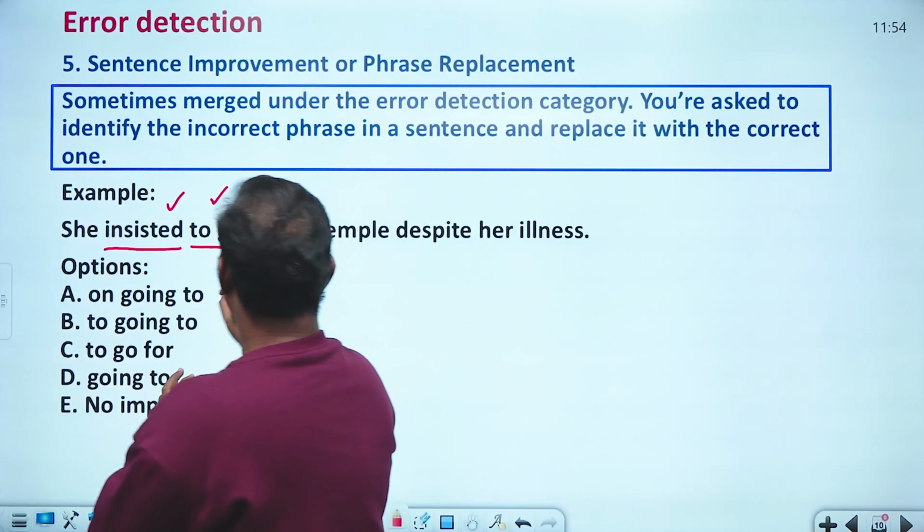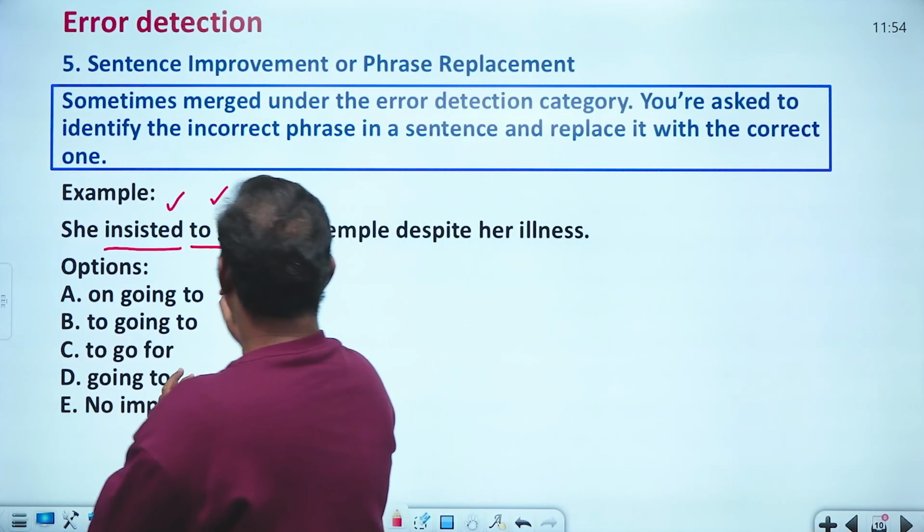She insists on going to. Here "insist" is a bare verb, "on" is a preposition, and "going" is a gerund, followed by "to". This one rightly fits here.